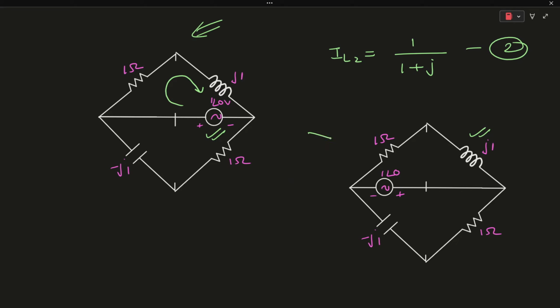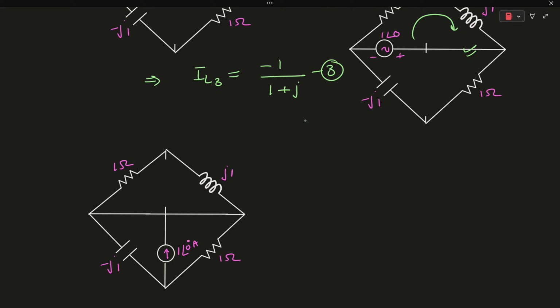Now considering the third voltage source, and open circuiting the current sources and short circuiting the other voltage source, the current IL3 will be equal to minus 1 upon 1 plus j, because the voltage source has an opposite polarity. Let's say this is your third one.